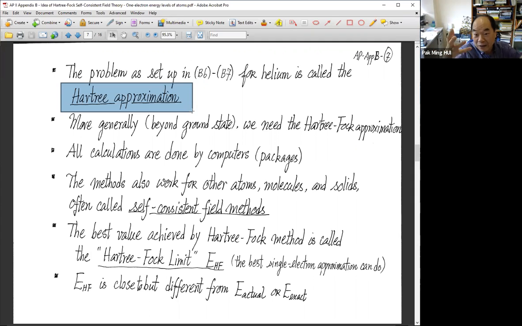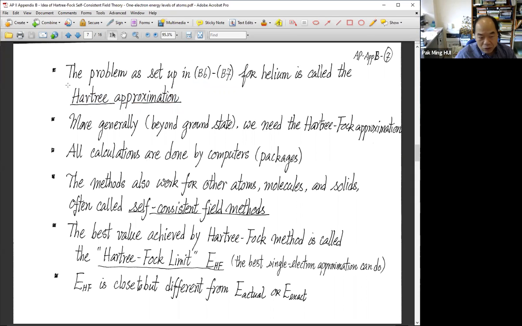You don't need to write it yourself. In quantum chemistry, again, you can buy a package, pull down a table, pick which element you want, say calcium, click it, and the program will run out all the atomic orbitals for you. Nonetheless, it is good to know what is behind such methods.